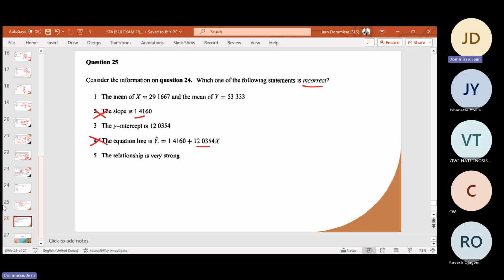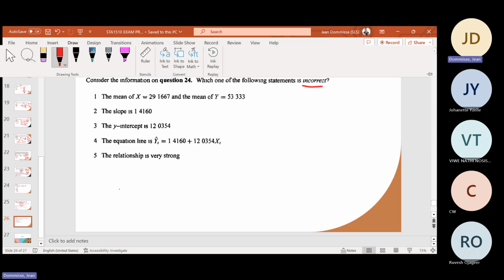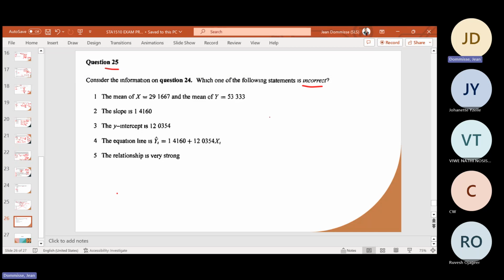Let me quickly show you what I would have done with something like this. If I get a question like question 25, they tell me that's your y cutoff, that's your slope. So now I already see that one must be incorrect. Slope is that, y cutoff is that.